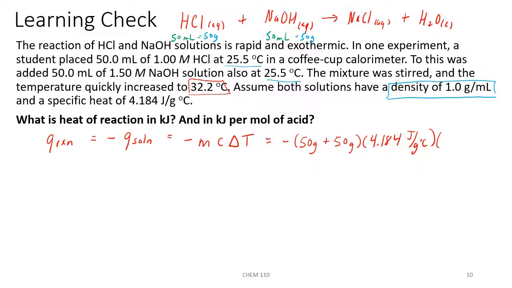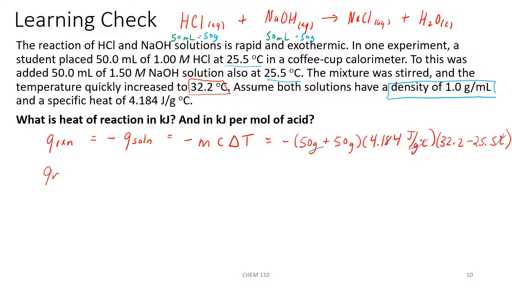And our T final minus our T initial: the T final was 32.2 degrees Celsius, and our initial was 25.5 degrees Celsius. Our grams are going to cancel, and our degrees Celsius are going to cancel, and so our heat will be in units of joules.